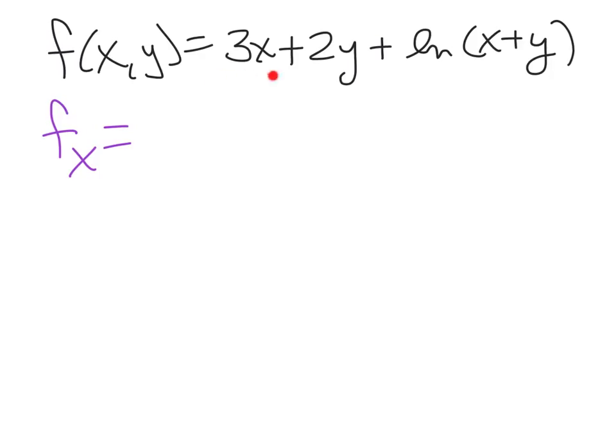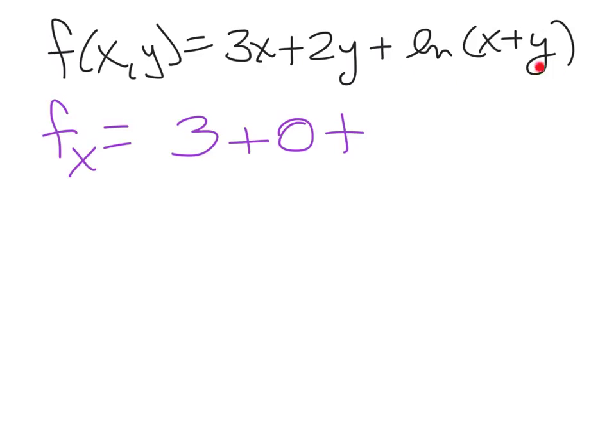Derivative with respect to x of this first term is 3. The derivative of the second term, y is a constant, as if this was 2 times 17 or 34. The derivative of 34 with respect to anything is just 0 because it's a constant. But we do have a y here, so we're still calling this a constant. The derivative of that is 0.